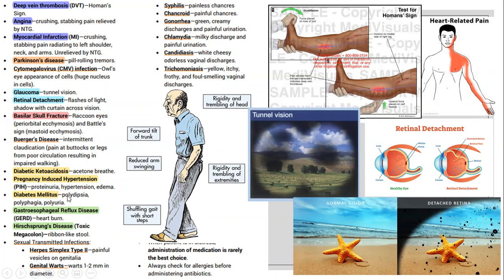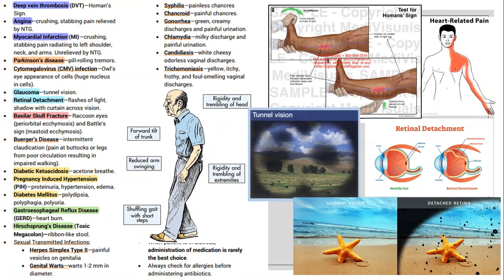Diabetes mellitus, polydipsia, polyphagia, and polyuria. Gastroesophageal reflux disease, patient complains of heartburn. Hirschsprung's disease, or toxic megacolon. Patient has ribbon-like stool. The picture I have shown before.